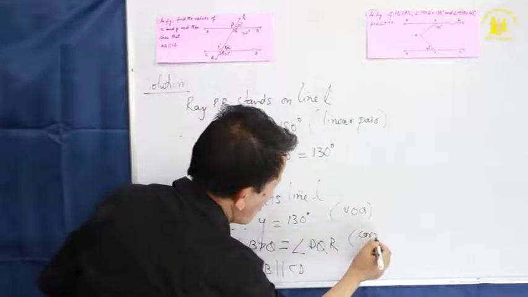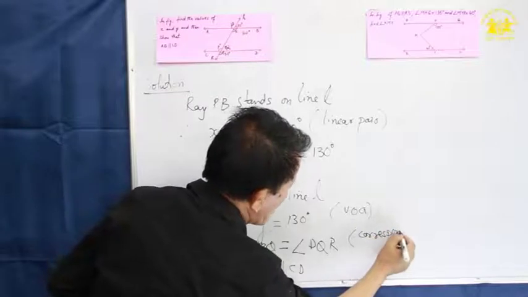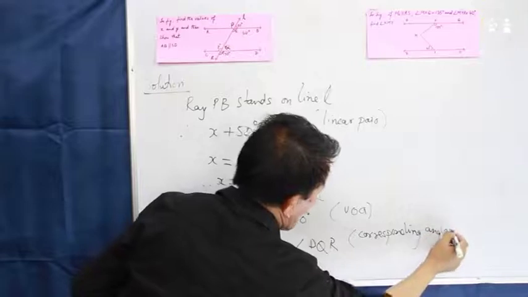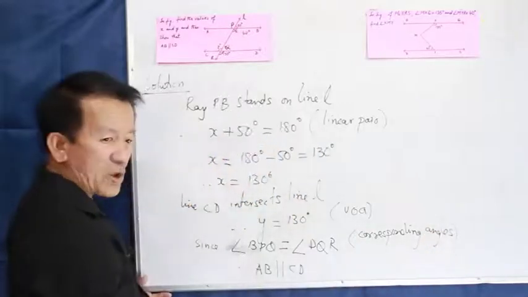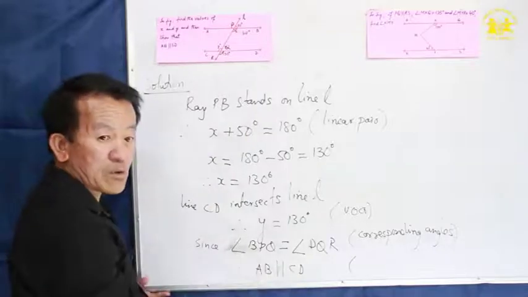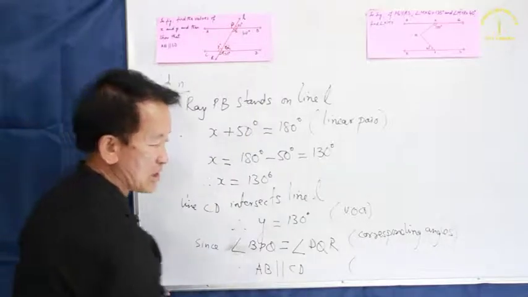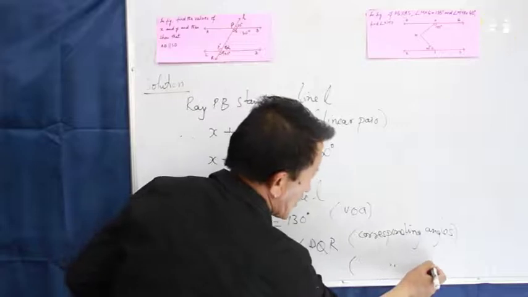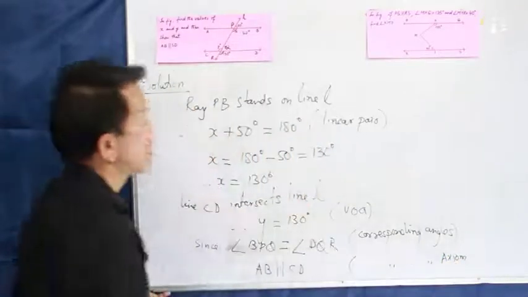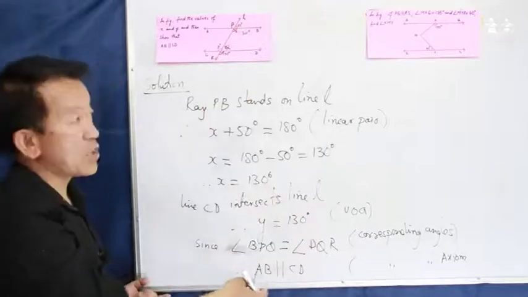They form a pair of corresponding angles, and if a pair of corresponding angles are equal, then the two given lines will be parallel to each other. So this is the corresponding angles axiom. Okay, so this is the solution to the first question.